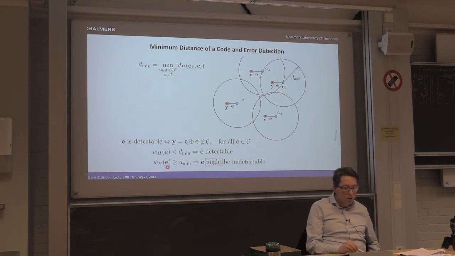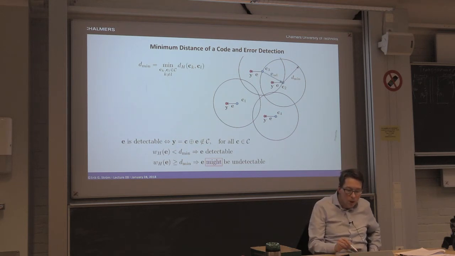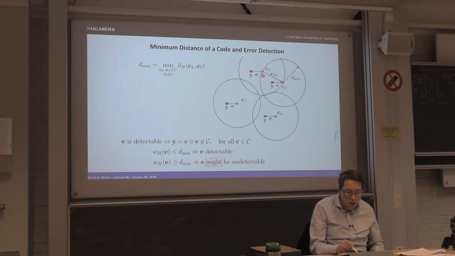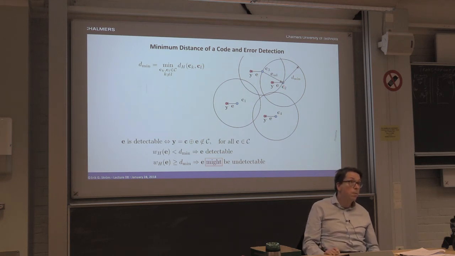Okay. However, if the Hamming weight is greater than or equal to the minimum distance, then the error might be undetectable, but not necessarily always. So for instance, if C3 was transmitted, then this error pattern will be undetectable in this case, right? Because if I transmit C3 and then receive C2, I would say no error, even though C2 is not what I transmitted.